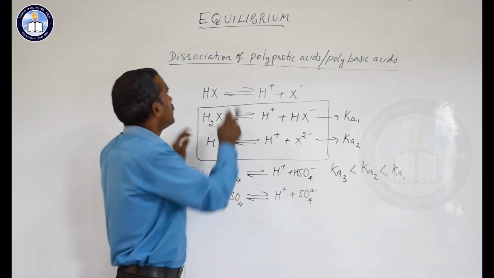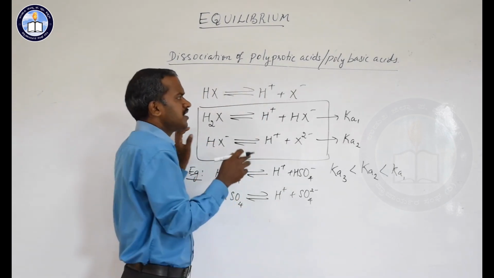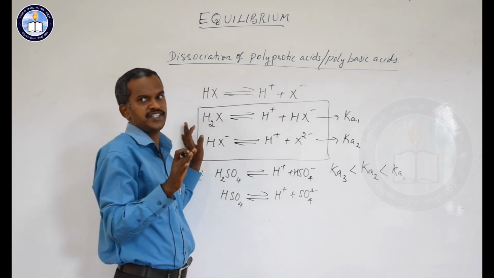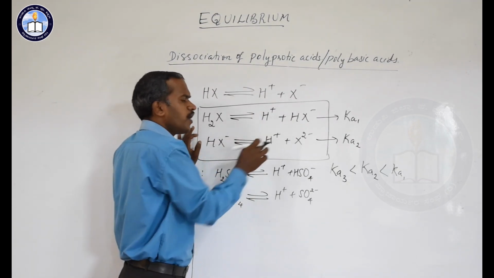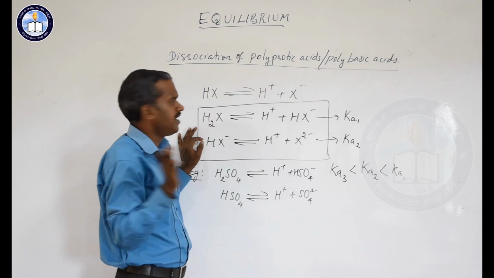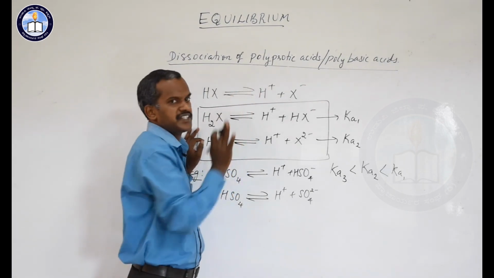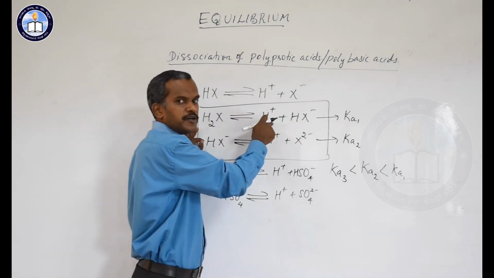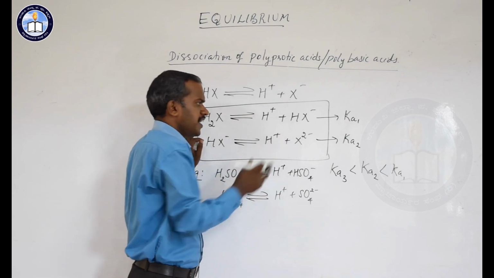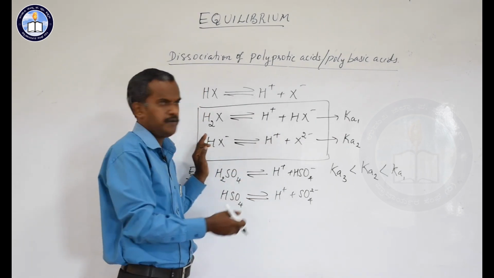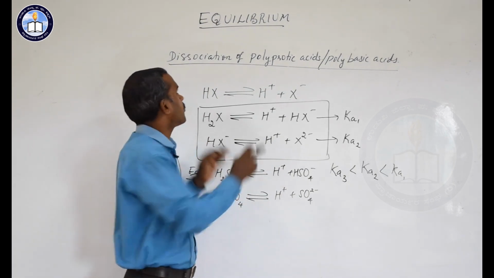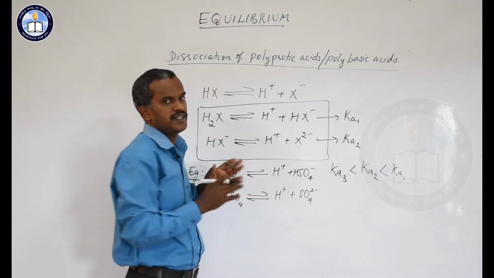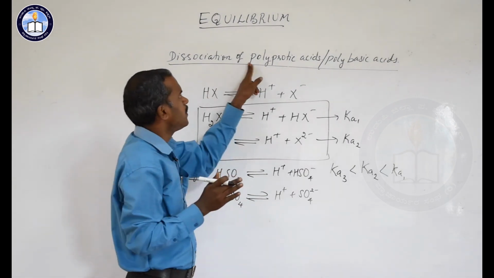So remember dissociation constants in case of polyprotic acids or polybasic acids, when more than one H plus ion is displaced, we call it a polyprotic acid. Proton means H plus. So here n number of examples we can give, which can give more than one proton. That's all about the dissociation of a polyprotic acid.